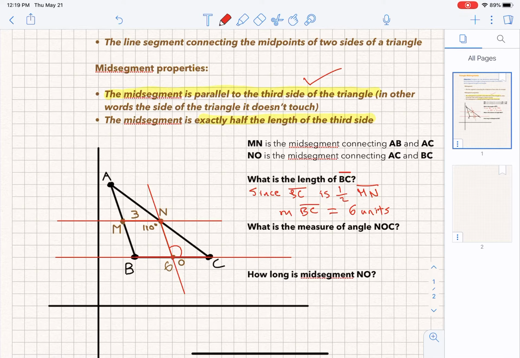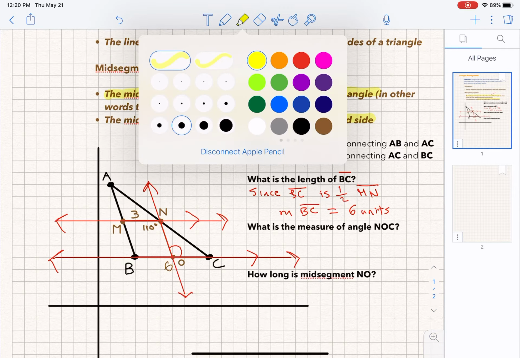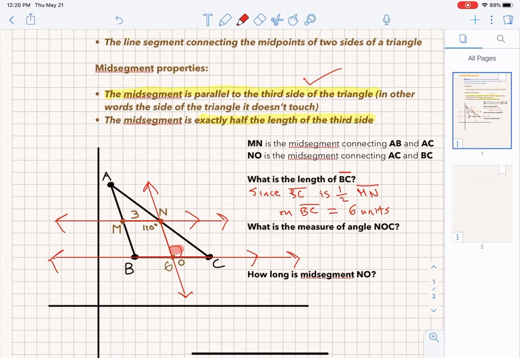If you can see that situation, we have this line defined by NO. We've extended out segment BC, so now it's a line. We've extended out segment MN, so now that's a line. And we know from the properties of midsegments that this line defined by MN and this line defined by BC are parallel. They're cut by this transversal NO, which means this angle we're looking for here is alternate interior angles with this one here that's marked as 110.